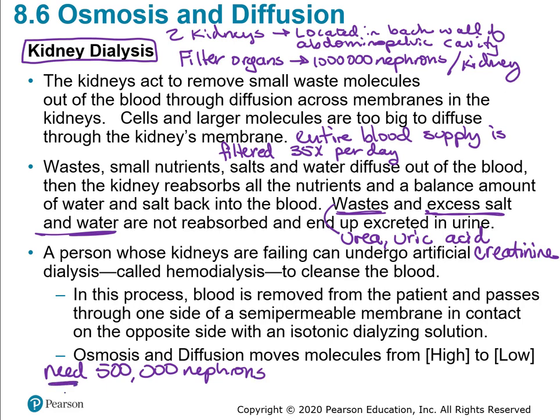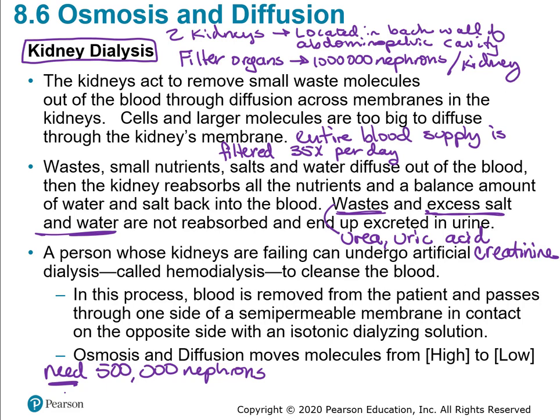If you have less than 500,000 functioning nephrons, then you're described as being in kidney failure. So kidney stress, low kidney functioning, and kidney failure are all going to be described.